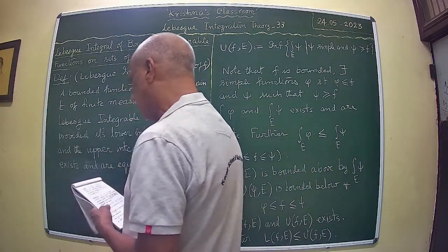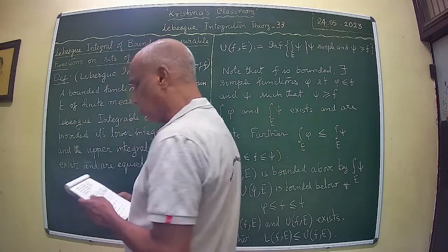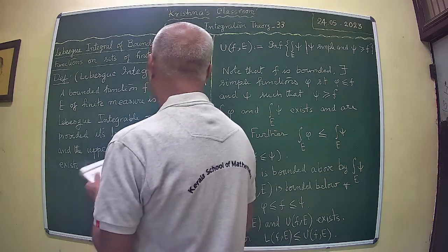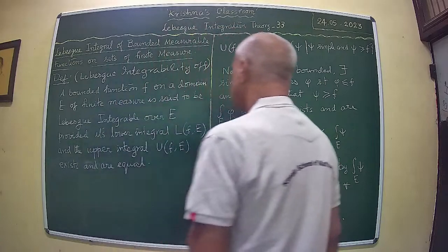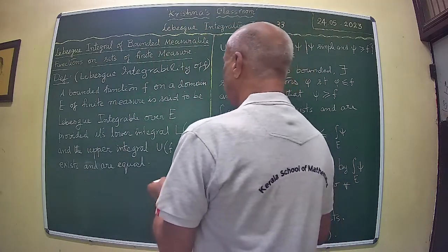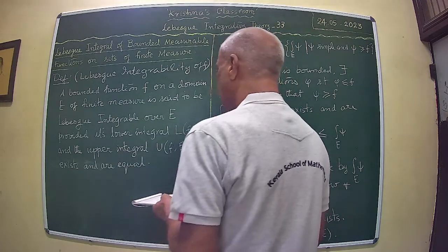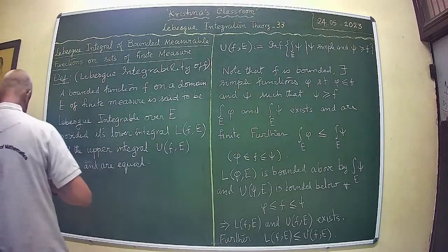Now what we have is that both these upper integral and the lower integral are equal. So a bounded function f on a domain E of finite measure is said to be Lebesgue integrable over E provided the lower integral and upper integral exist and are equal.